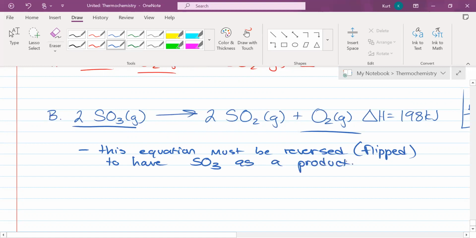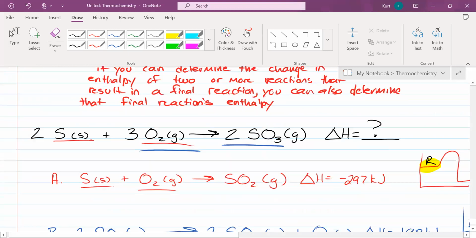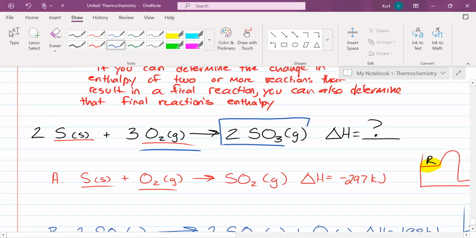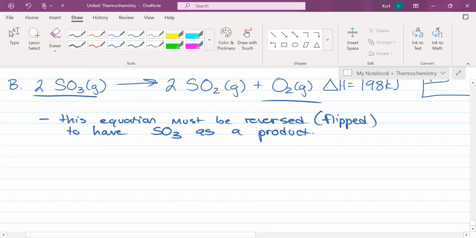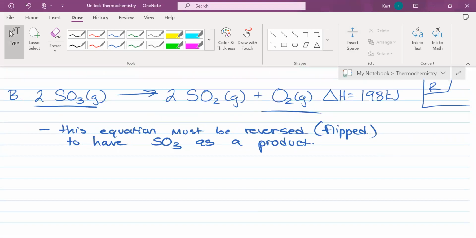Why are we doing this? Because if you look at the main equation, SO3 is a product. So all I need you to do for this equation here, for B, is just write it in reverse. So here we go. Whatever was a product is a reactant, and whatever is a reactant is a product. Here's the new equation B.